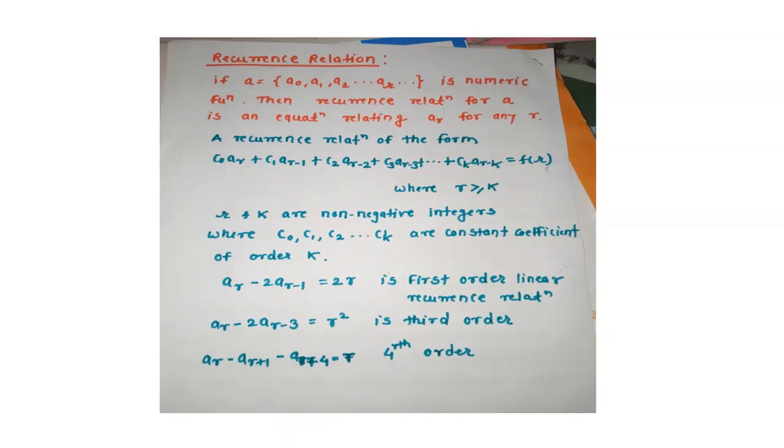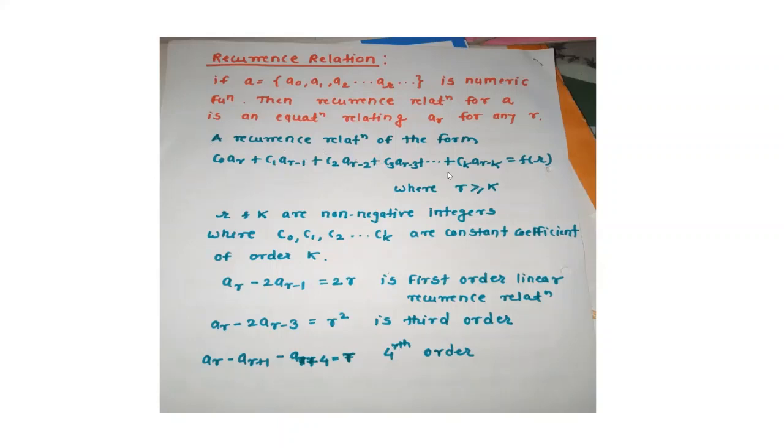If A is equal to A0, A1, A2 up to AR is a numeric function, then the recurrence relation for A is an equation relating AR for any recurrence relation of the form C0 AR plus C1 AR minus 1 plus C2 AR minus 2 plus C3 AR minus 3 plus up to CK AR minus K is equal to F of R, where R is greater than or equal to K. So this is a form of a recurrence relation.